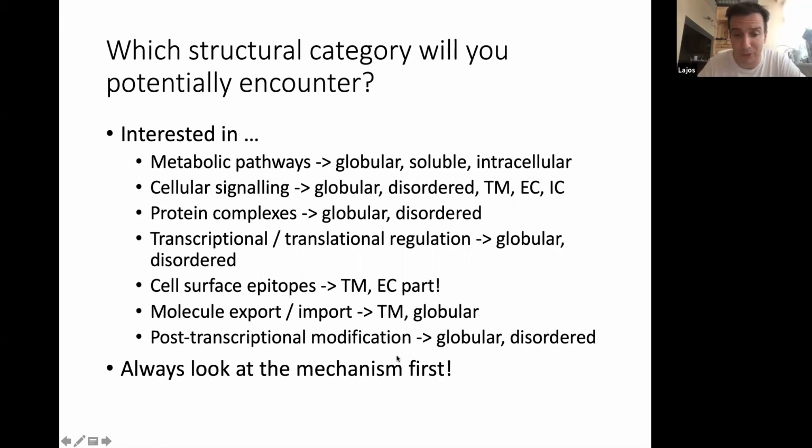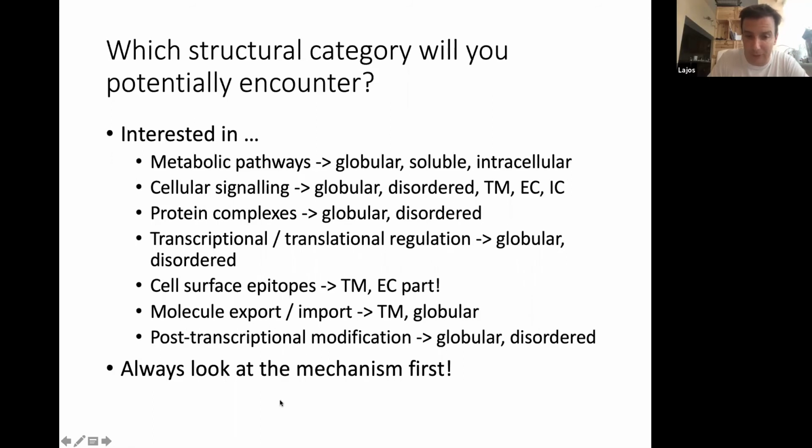And again, post-transcriptional modification is extremely important, not just in eukaryotes, but in prokaryotes as well. There is usually a globular domain which is doing the modification, and there is usually a disordered region which is getting the modification. We are speaking about glycosylation, phosphorylation, ubiquitination, any kind of post-transcriptional modification. You need a well accessible protein region to put the modification on, and this is usually a disordered region.